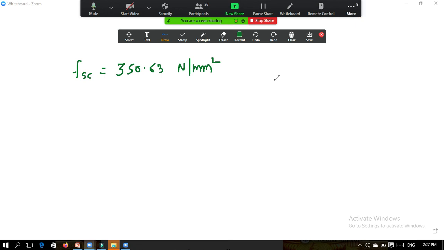Okay. So once we got the value of FSC, now equate Cu2 is equal to Tu2. So Cu2, what is the value of Cu2?